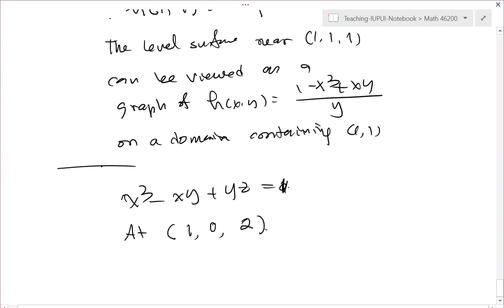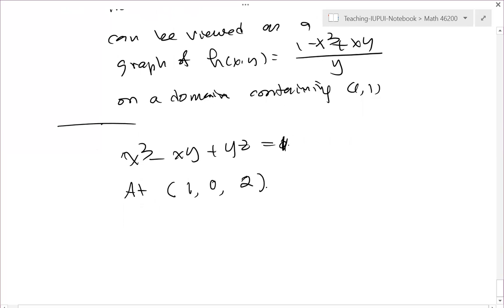Just take a look at the picture. So this level surface, let's take a look at the gradient. I forgot the formula. The gradient is 3x squared minus y, and negative x plus z, and that is the y component, right?